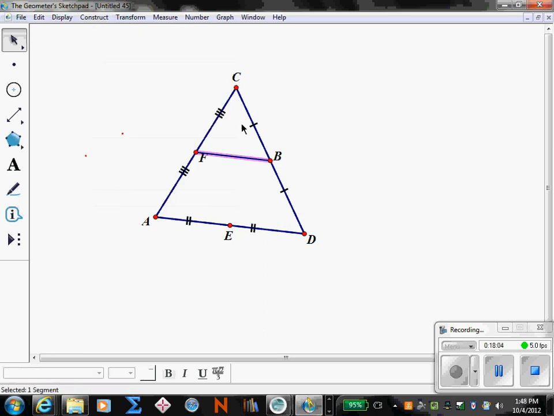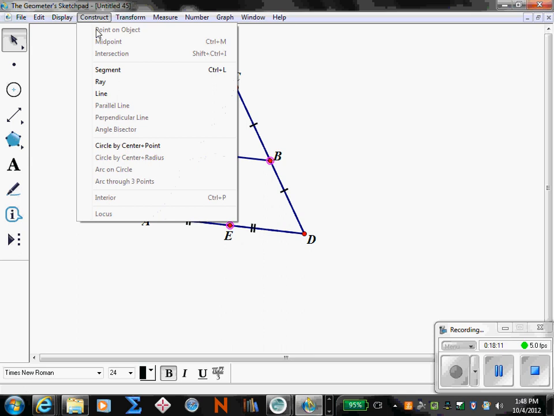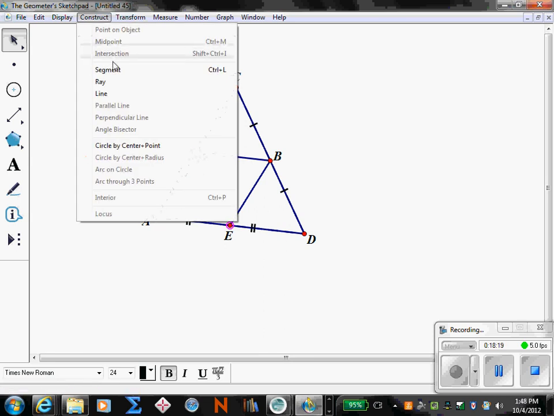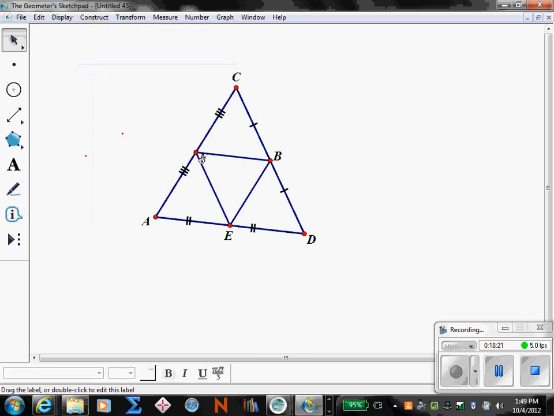If I connect B to E, it is a mid-segment. And if I connect F to E, it is a mid-segment. So notice what the mid-segments do to your triangle.